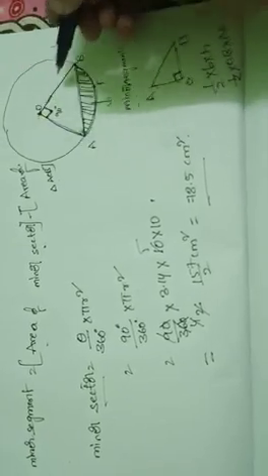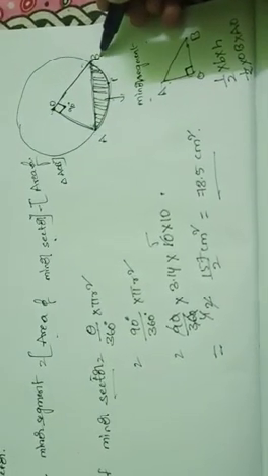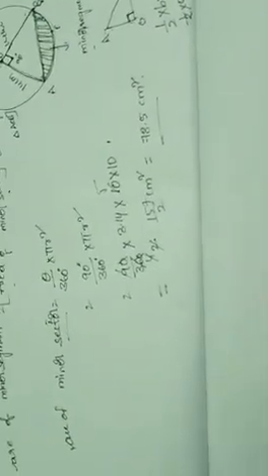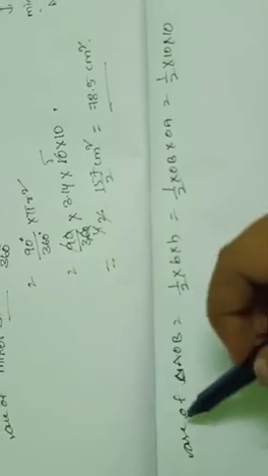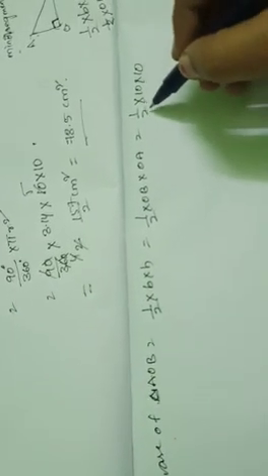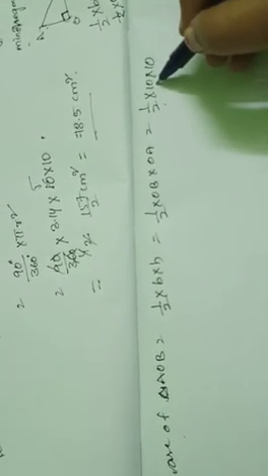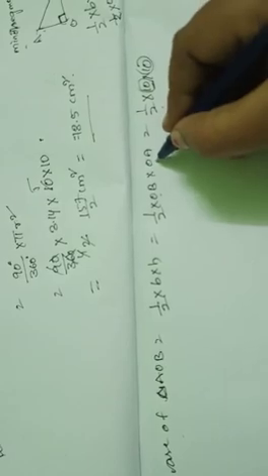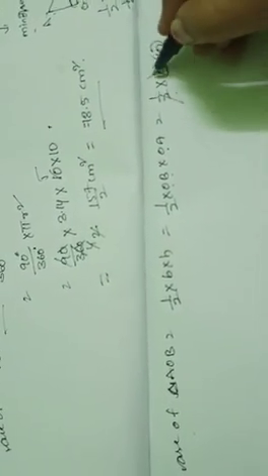AO and OB are radii of the circle. Radius here given 10 centimeters. So area of the triangle AOB equal to half into 10 into 10. 10 is the base of the triangle and 10 is height of the triangle. Here OA and OB are equal, both the radii of the circle. Half into 10 into 10, it is equal to 50 centimeters square.